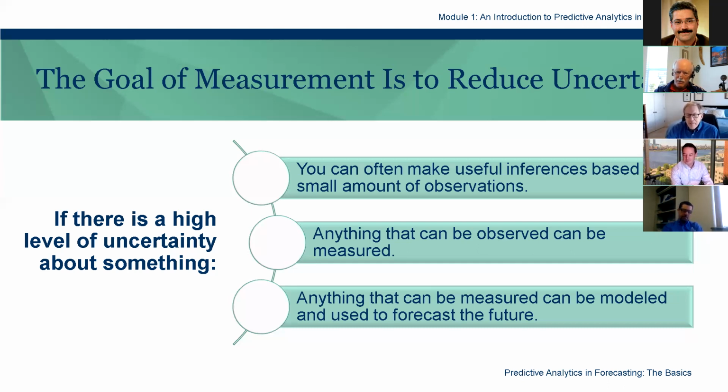And anything that can be measured can be modeled and therefore used to even forecast the future. If any information that can potentially reduce uncertainty is to be added to a predictive model, it has to be measurable in some way. So let's get into that a little bit.